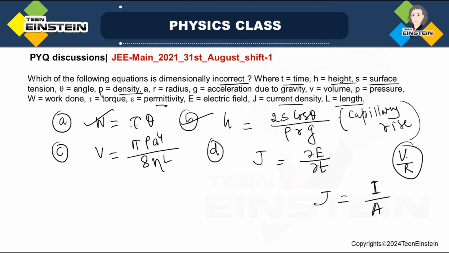Or I can write this I as Q by T. Okay, so I can write Q by T. Current has got unit actually ampere per meter square. Okay, ampere per meter square.